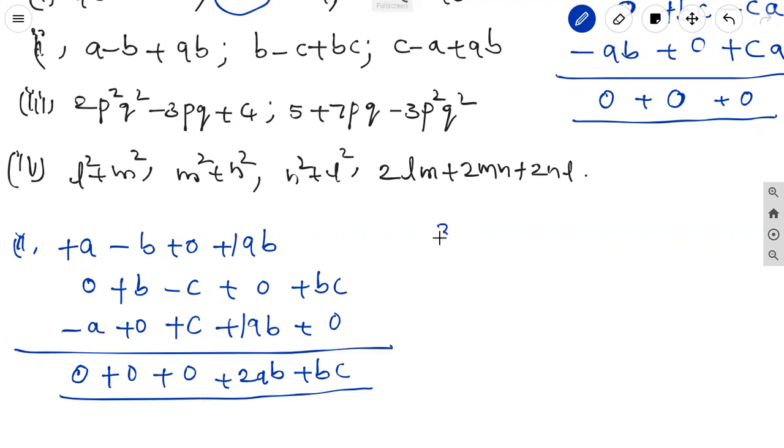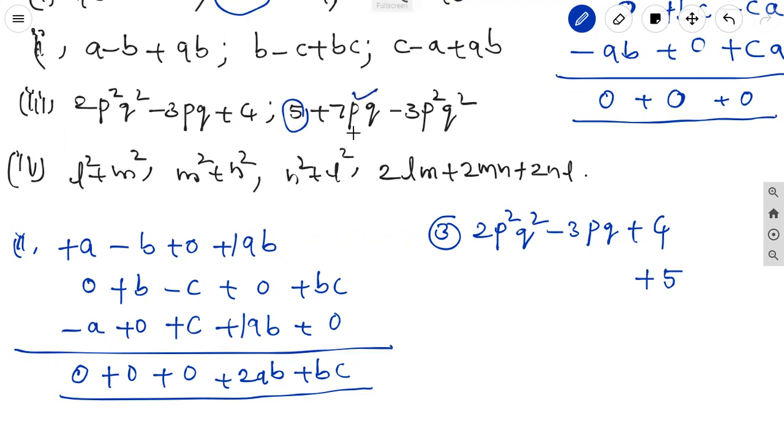Okay. Third one, 2P square Q square minus 3PQ plus 4. In the second expression, you see 5. 5 is a constant, so right below the constant, plus 5. PQ term is there. Plus 7PQ. And P square Q square, that is minus 3P square Q square. Add it.